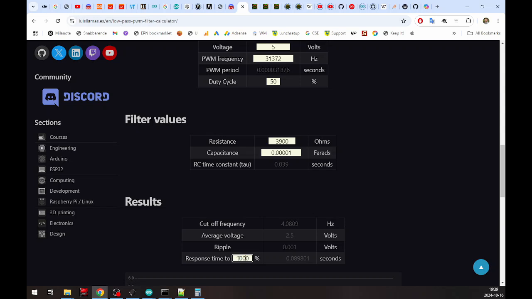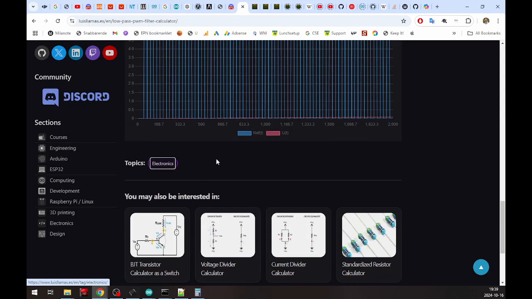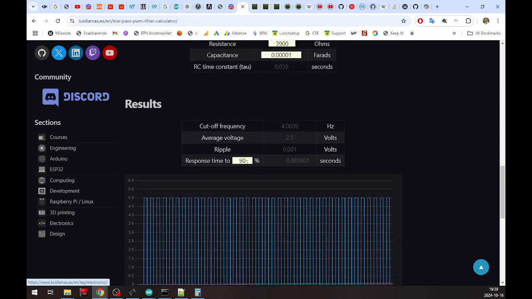It's capacitors we're talking about, so 100% is infinity because capacitors are never fully happy. So that's why they have 90%. And that's 0.08 seconds or 0.1 seconds if we round up.